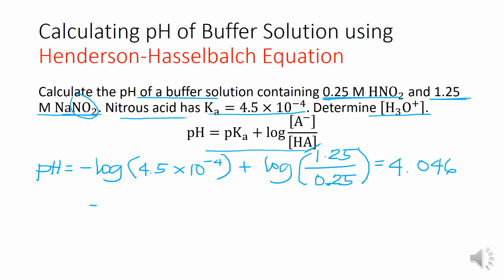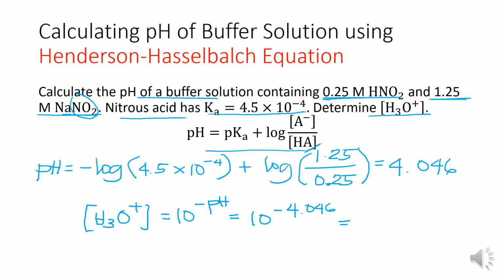So from that, let's calculate the hydronium ion concentration. That is equal to 10 to the exponent negative pH. So let's plug in the pH, 4.046.